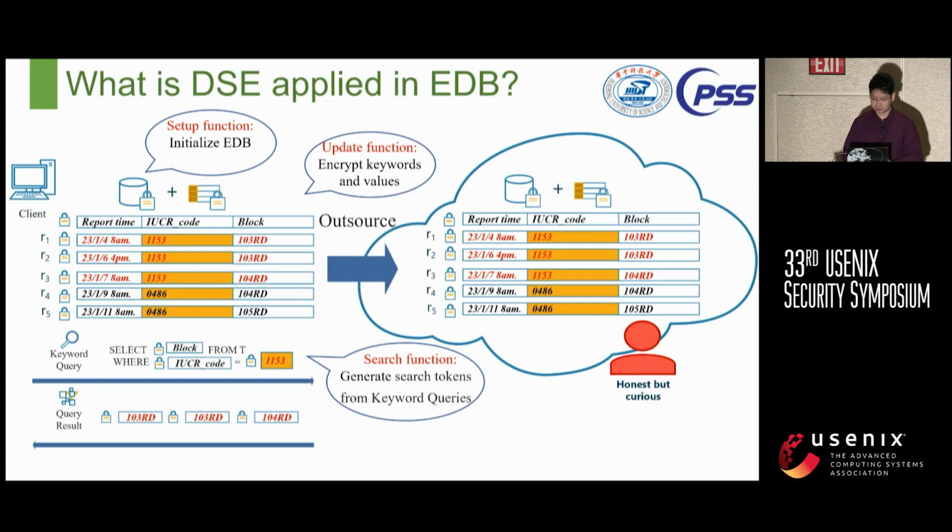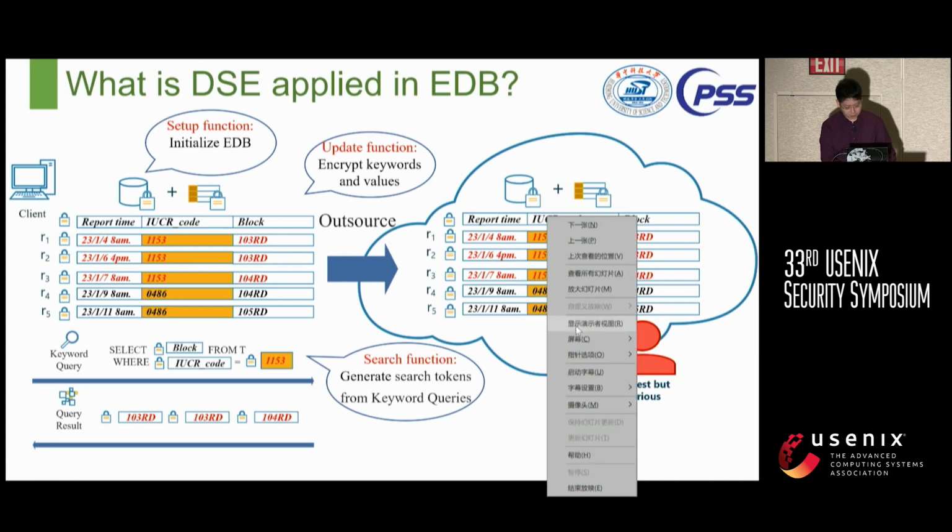The setup initializes the encrypted database, and the update function will extract the client's input, like records in encrypted database table rows. The keywords are encrypted at the index, and the values are encrypted at the encrypted value. So this will be updated into the encrypted database.